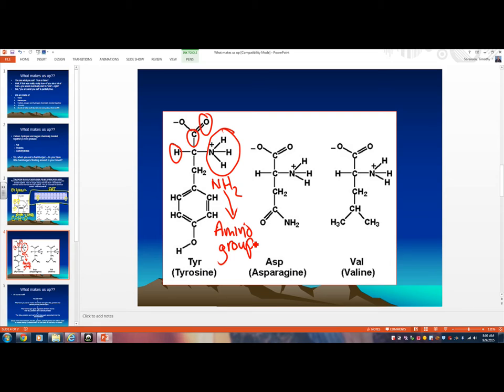And these guys are really important. They're the most important organic compounds in the body. And you have 21 individual amino acids.